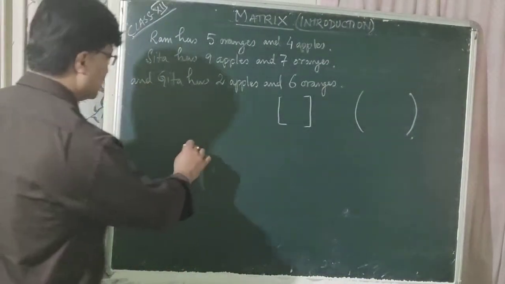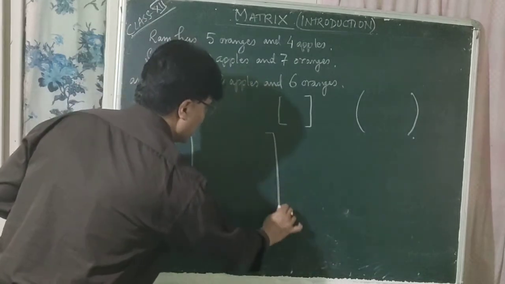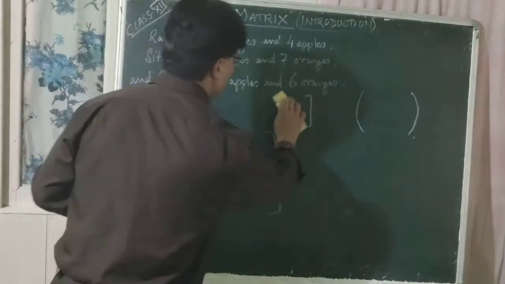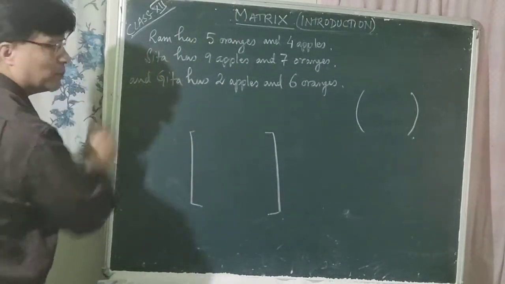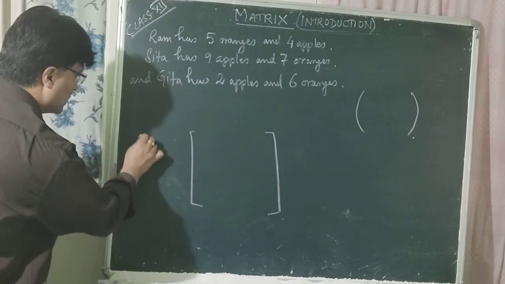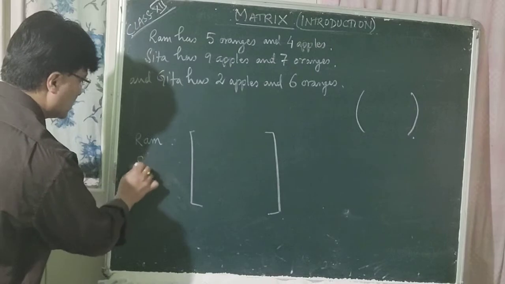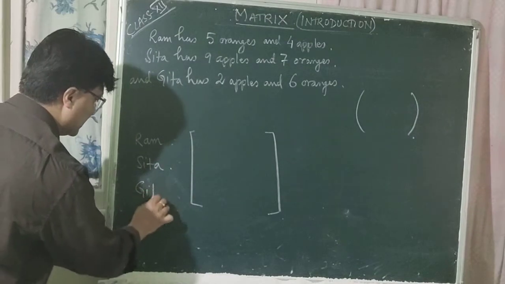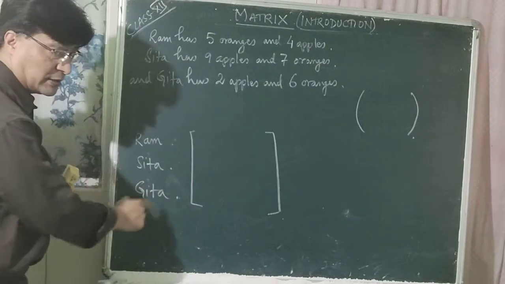So let us write, so this is the square bracket. This is known as the matrix notation also. Let us write here the name of the persons: first person is Ram, second person is Sita, and the third person is Geeta, right?